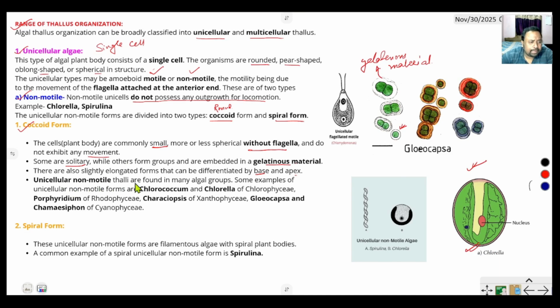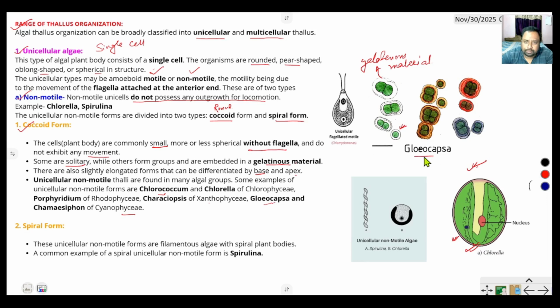Unicellular non-motile thalli are found in many algal groups. Examples: Chlorococcum and Chlorella, which have a base and apex and no locomotory organ or flagella, so they are non-motile. Porphyridium in Rhodophyceae, Characiopsis in Xanthophyceae, Gloeocapsa and Chamaesiphon in Cyanophyceae.